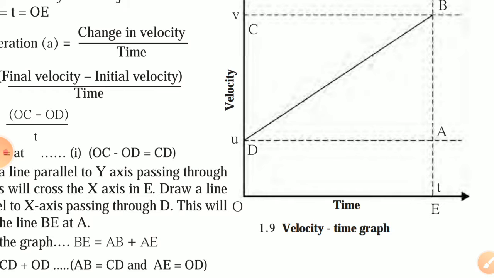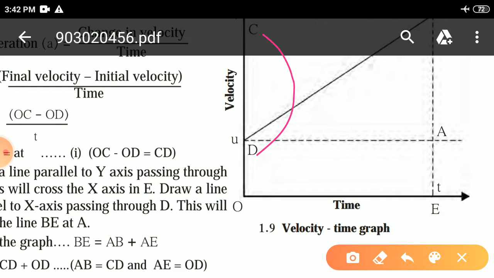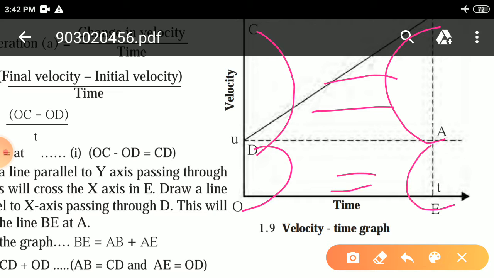Therefore v is equal to CD plus OD, where AB is equal to CD and AE is equal to OD.